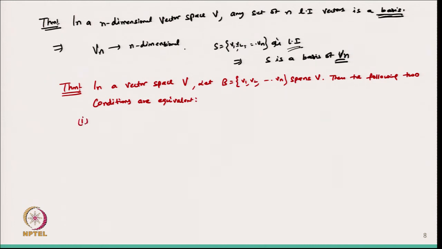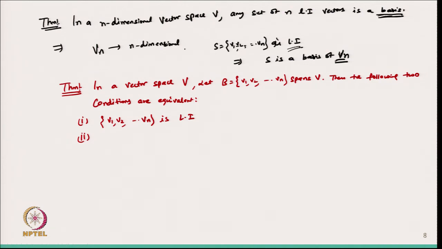The first one is the set V1, V2 up to Vn is linearly independent. So, it spans V, that is okay.